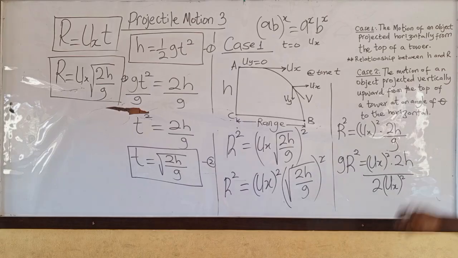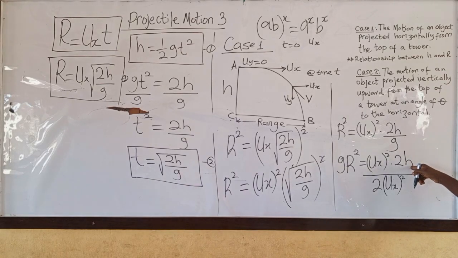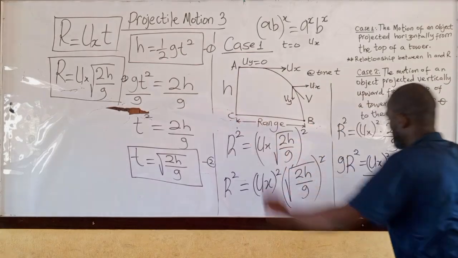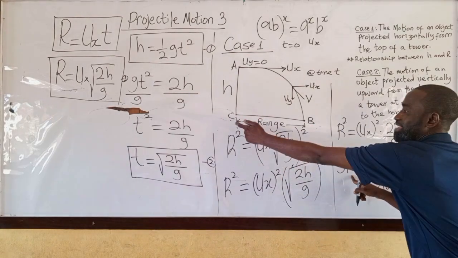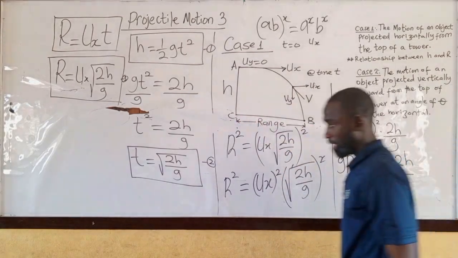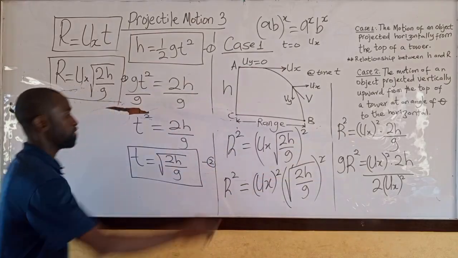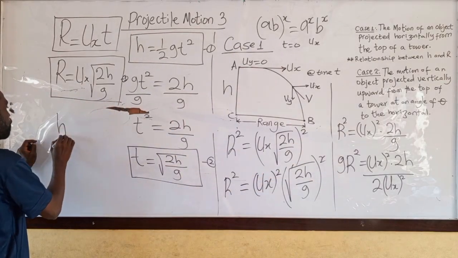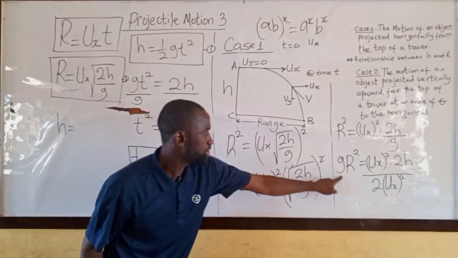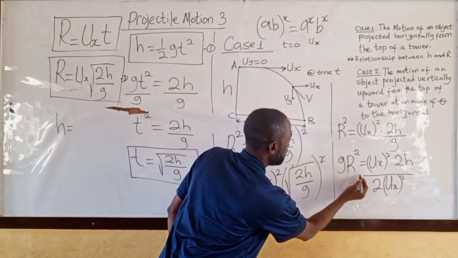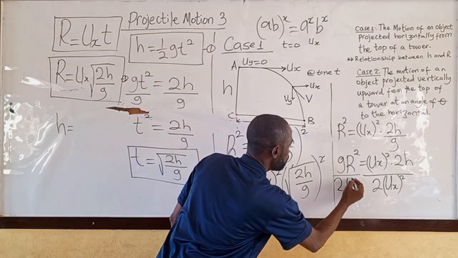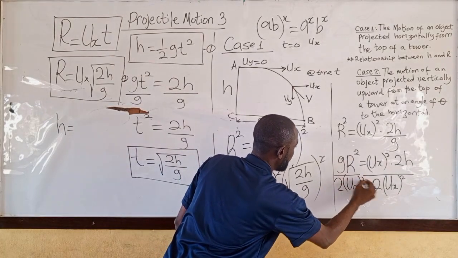So what is the formula that connects the height of the tower with the horizontal distance covered, the range? Our h is equal to g R squared all over 2 (u_x) all squared. Don't forget, we are still dividing both sides like this.